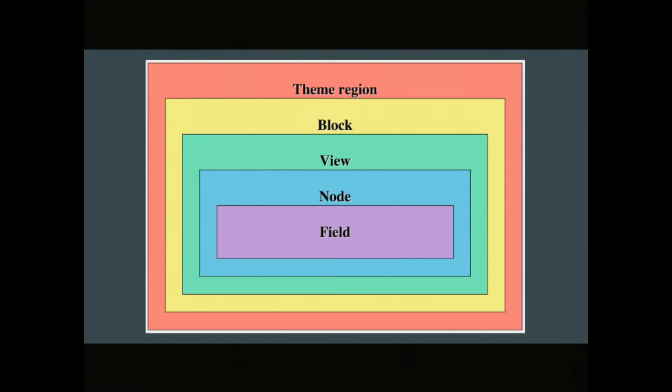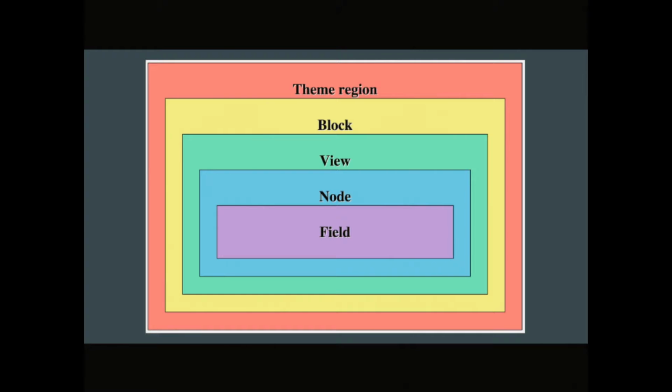So that particular piece of information can be a field template that is printed inside a node template, that is printed inside a view template, that is printed inside a block template, and it's inside a theme region template, and so on.